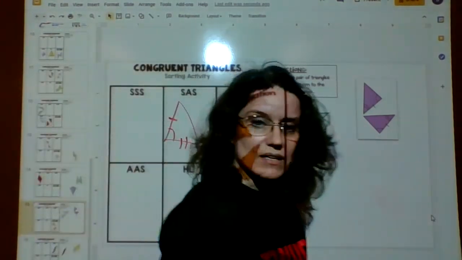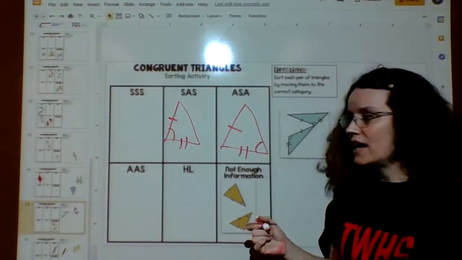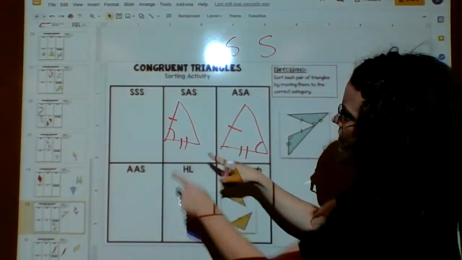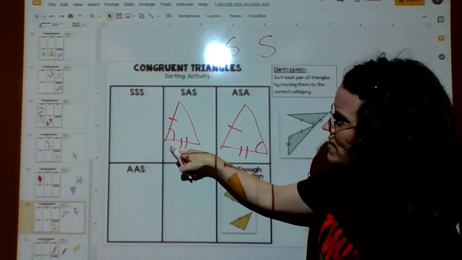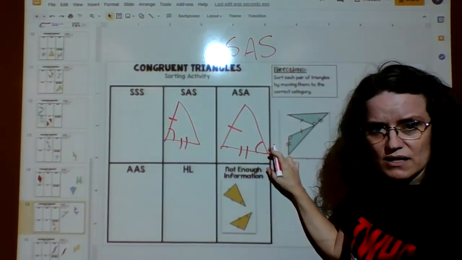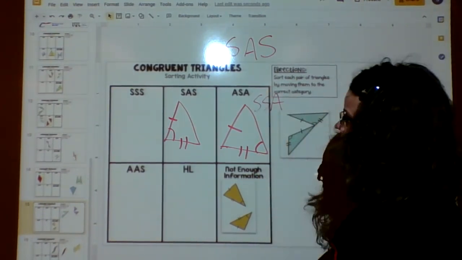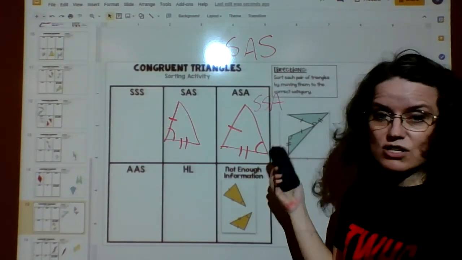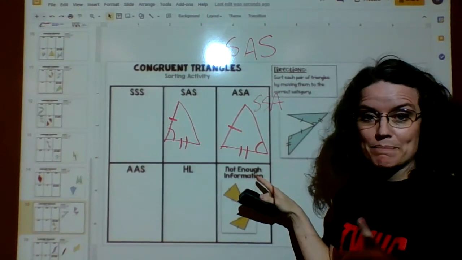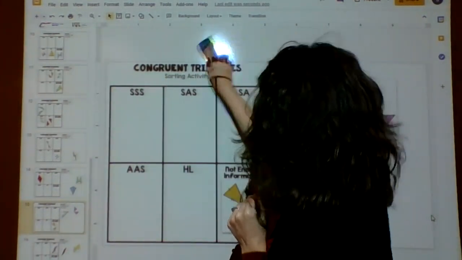You might be tempted to say that these are congruent by side-side angle or side angle side, but look, this one, there are two sides congruent, but this angle is in between them as if it was side angle side, but this one's not in between. This one is set up like side side angle. And so these ones are also not congruent. They don't have enough information because they don't match up the congruent pieces. So watch out for that. Those are little sneaky fellas that'll try and trick you.